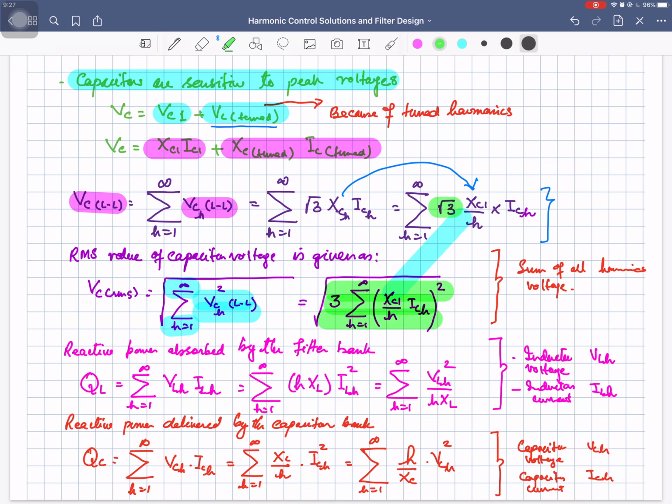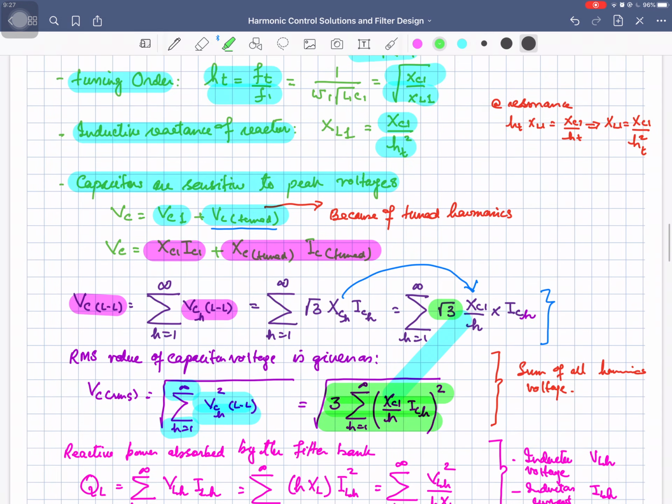Over here we have the square root of 3, so when it is squared, it will become 3. So 3 into the summation of Xc1 over H Ich square. Okay. Now with this capacitor we are going to add the inductor as well.